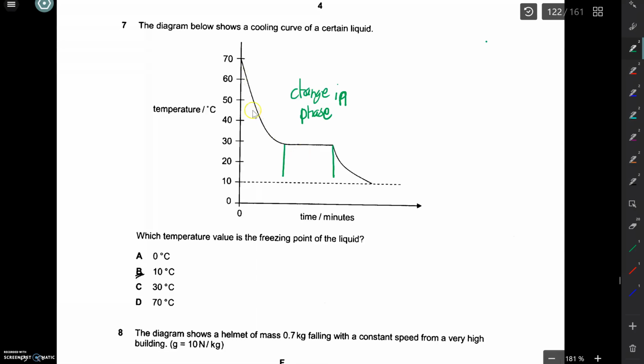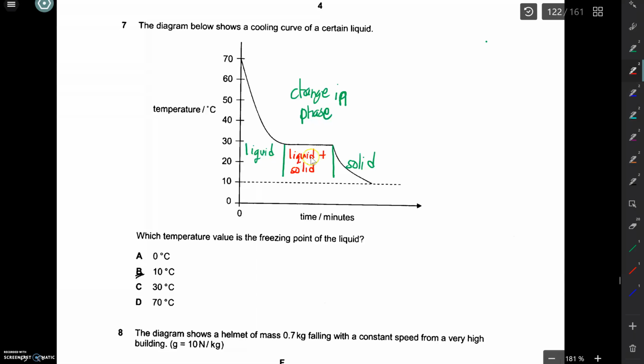So the liquid is transitioning from being a liquid to being a solid. At this point, you have a mixture of liquid plus solid.